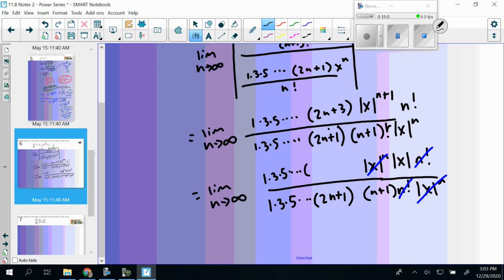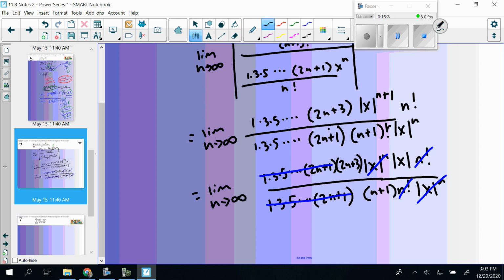So the term before that would be 2 less. If we subtracted 2 from that, that would be 2n plus 1. And then the next term would be the 2n plus 3. So all these terms leading up to that last one should cancel with everything down here.